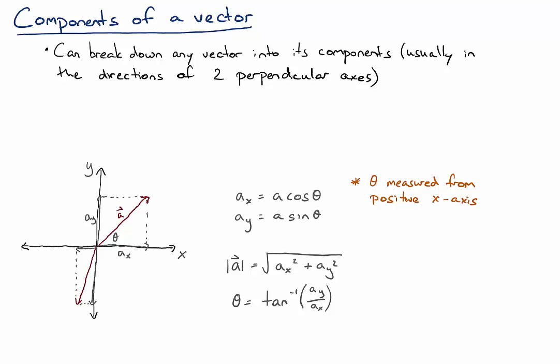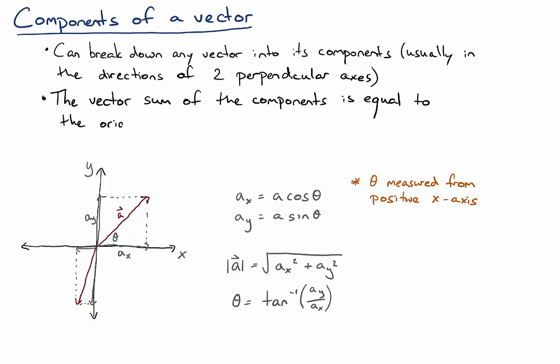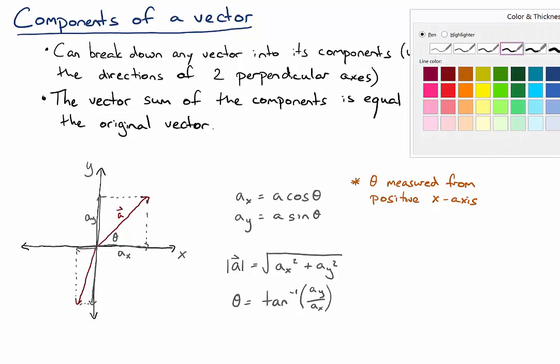One more really small point, or maybe not such a small point, is that the vector sum of these components, so if we added ax top to tail with ay, look what we'd get. They'd add up to form the vector A. Another quick note is that these axes don't always have to be drawn in this manner.